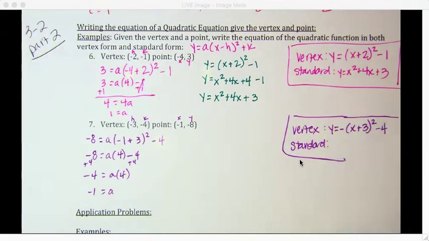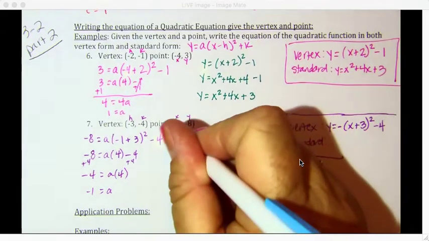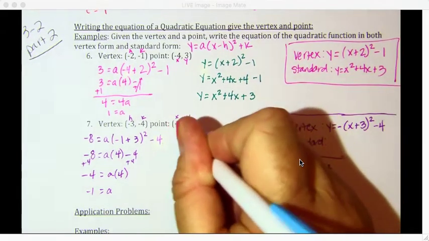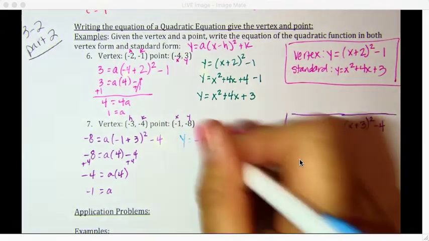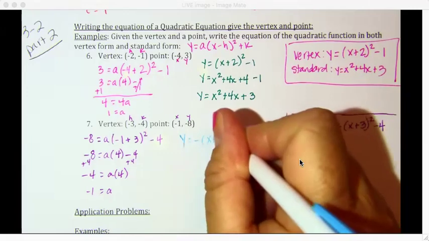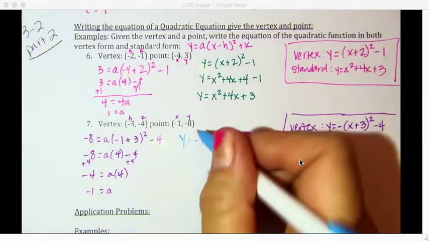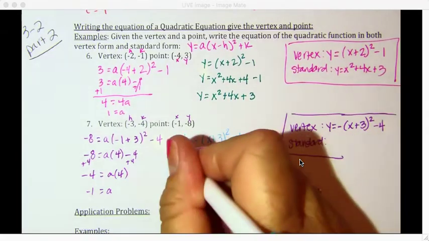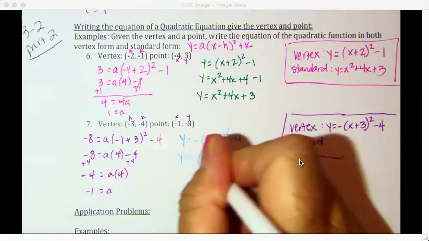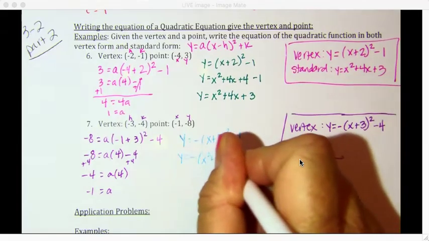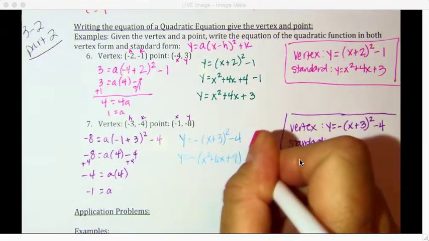Well, I can go ahead and use that now to rewrite this into standard form. So I have y is equal to -1 times x plus 3 squared minus 4. And then FOILing this out or using the box method, I'll end up with x squared plus 6x plus 9.